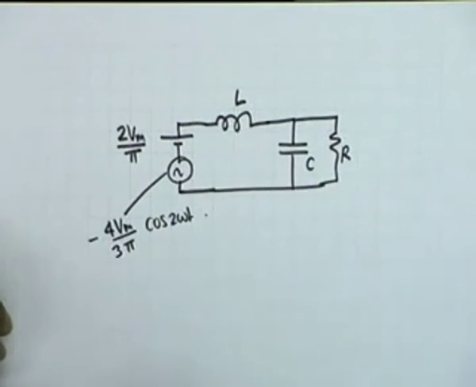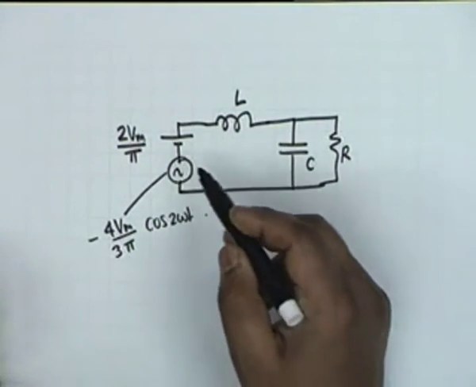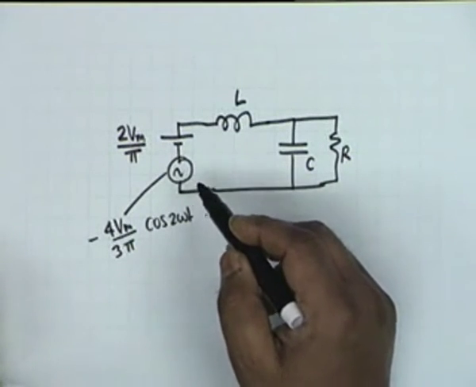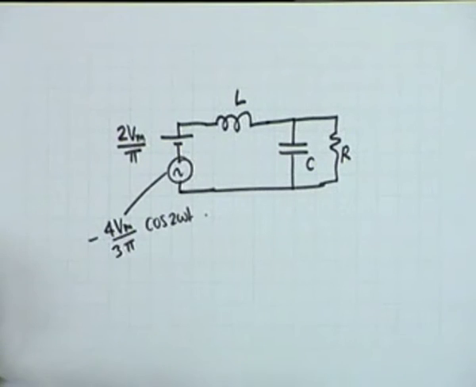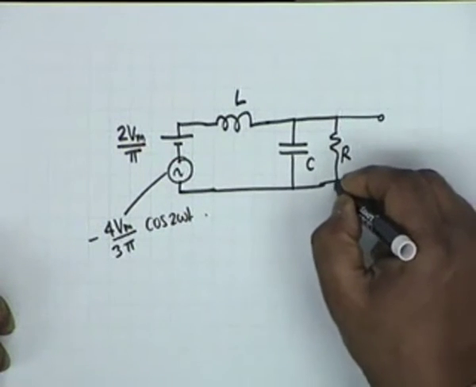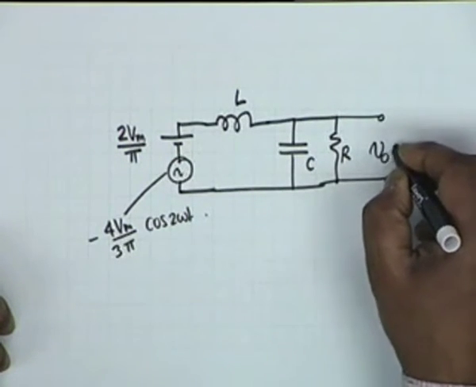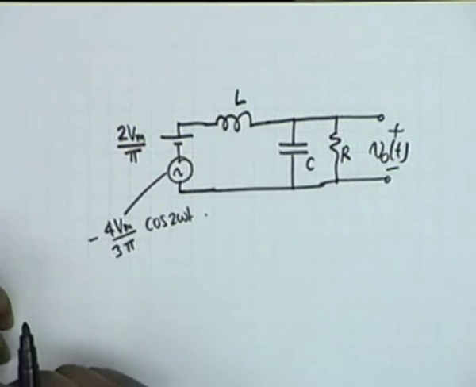This is my input. I have shown this as two sources. One is a battery, the DC of value 2 Vm by pi, in series added to an AC component whose value is minus 4 Vm by 3 pi cosine 2 omega t. We wish to find out the output voltage. If I call this V0 of t, the output voltage V0.